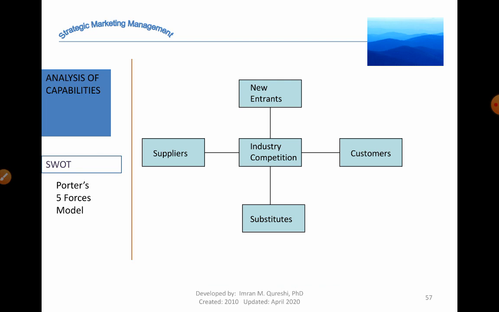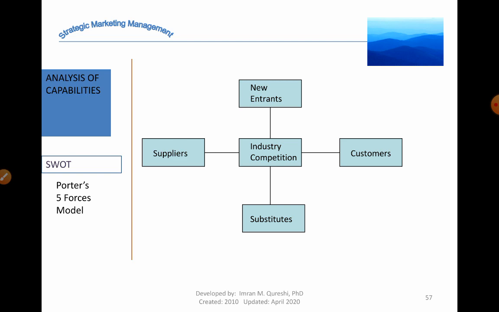Next one that I'll go through is your Porter's five forces model. So if you look at the five forces model, it's closer to what we call the immediate external environment, as it has some elements of that put into it as well. So we have industry competition, which is your competitors.